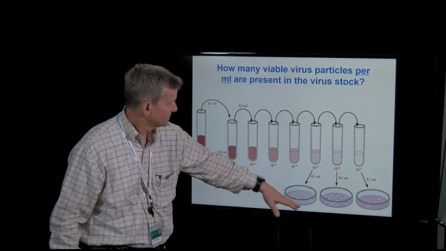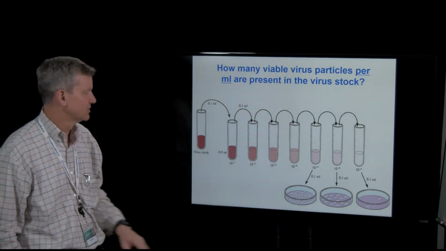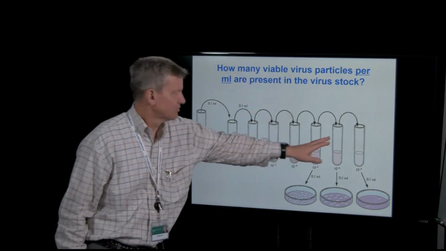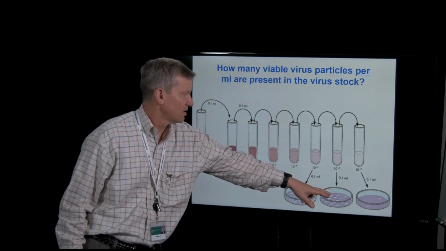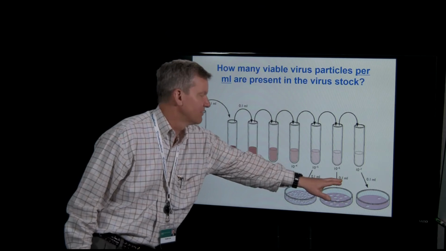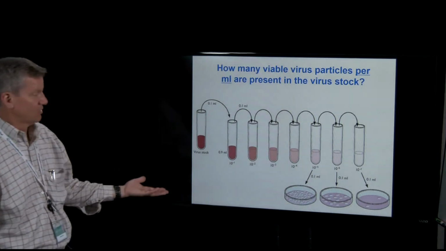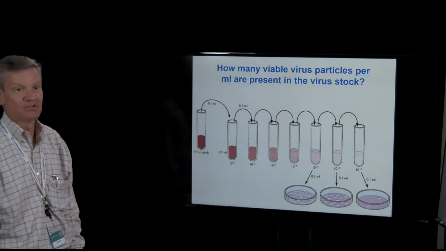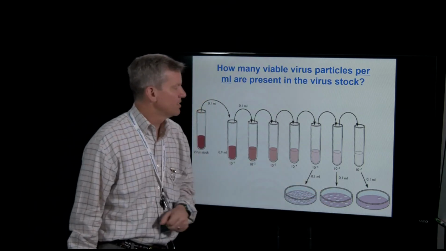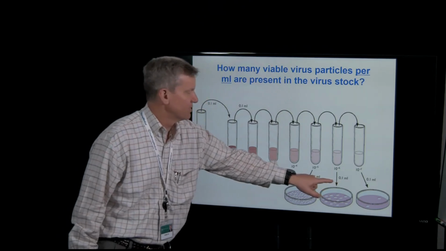At 10 to the 5th, you plate a tenth of a mil, so 100 microliters, and you get maybe too many to count. Luckily, you've also plated the millionfold dilution, a tenth of a mil, and now you can count about 15 plaques. So you say, I have 15 plaques diluted 1,000,000 times, but I only used a tenth of a mil.